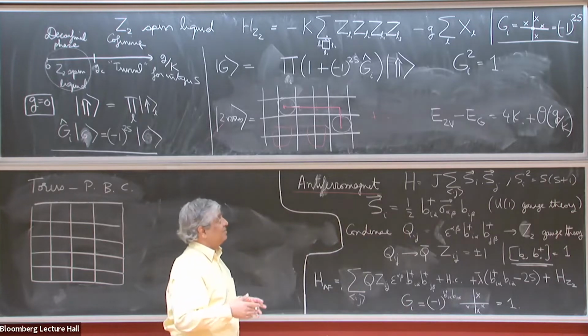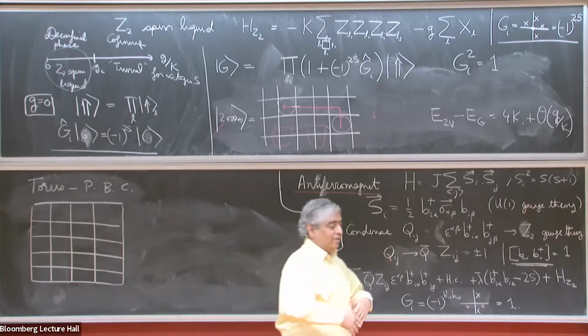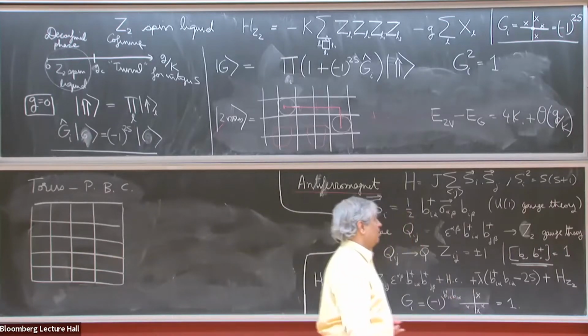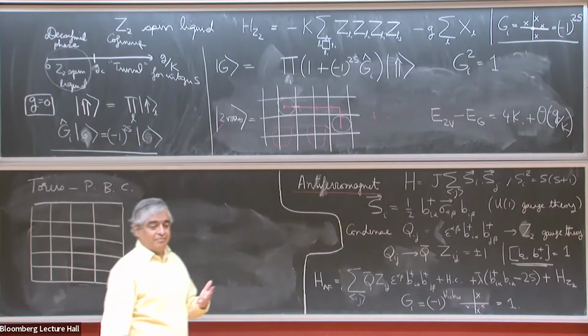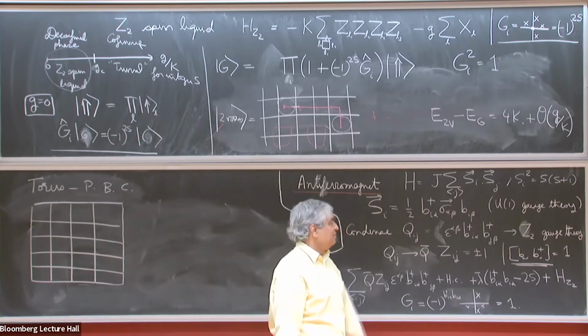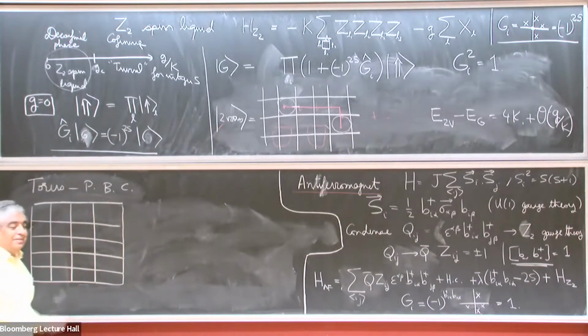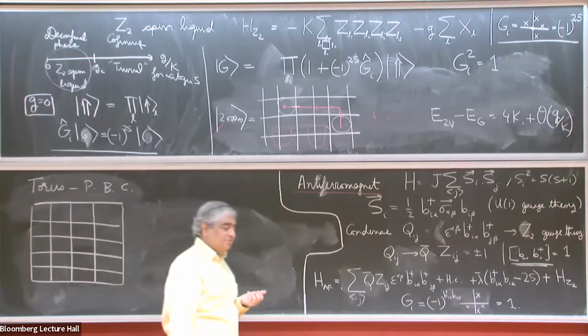So you take G1, G2, G3, G4, and so on. You can make all kinds of products and sums of these G_i operators, and they all commute with the Hamiltonian, since each of them commutes with the Hamiltonian and they commute with each other. However, when I put it on a torus, you find that's no longer true.